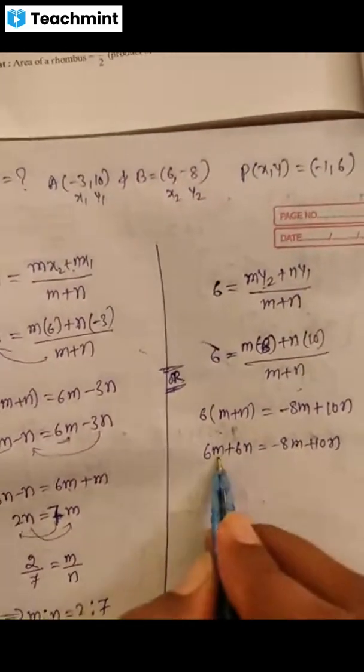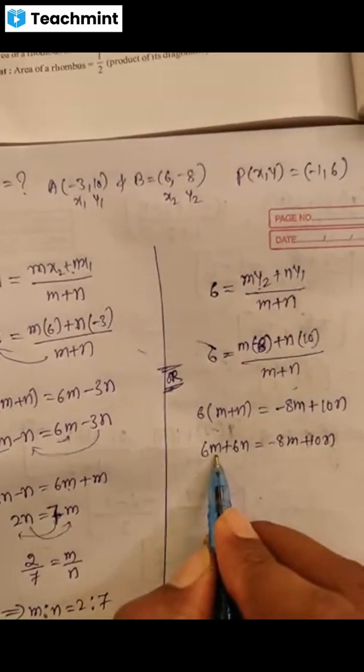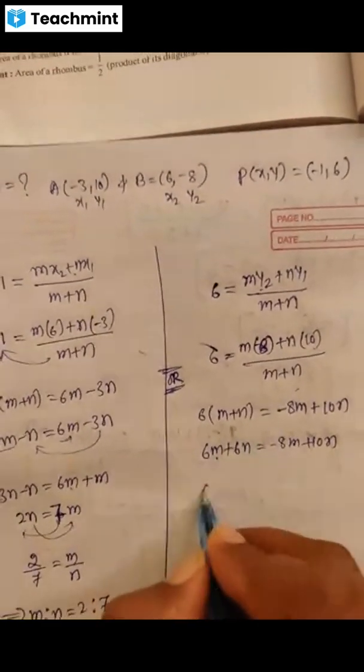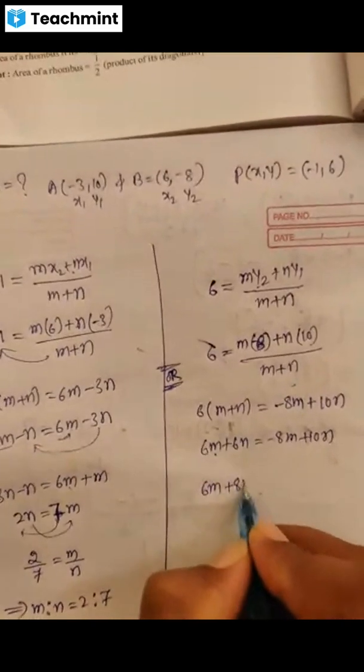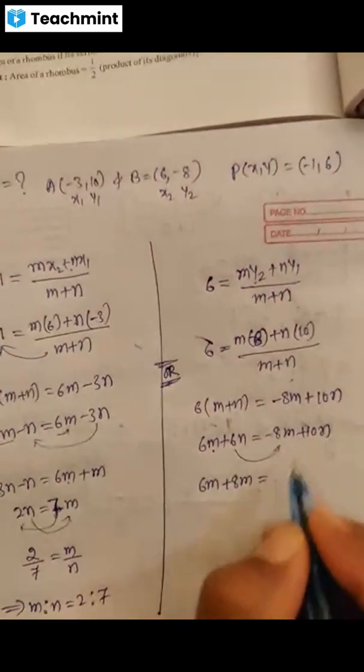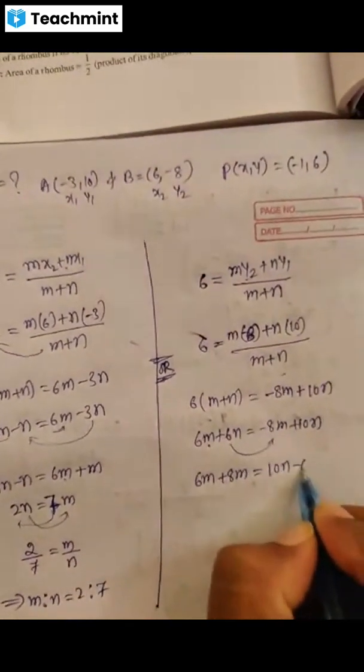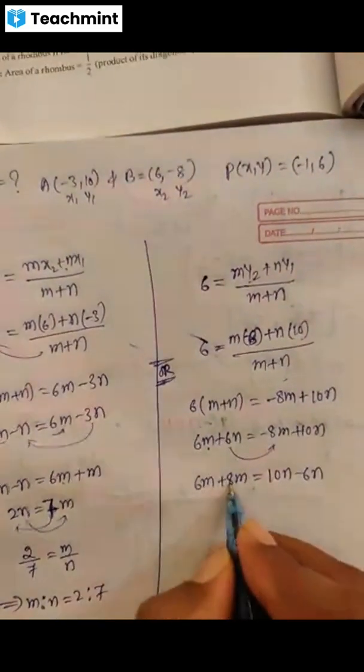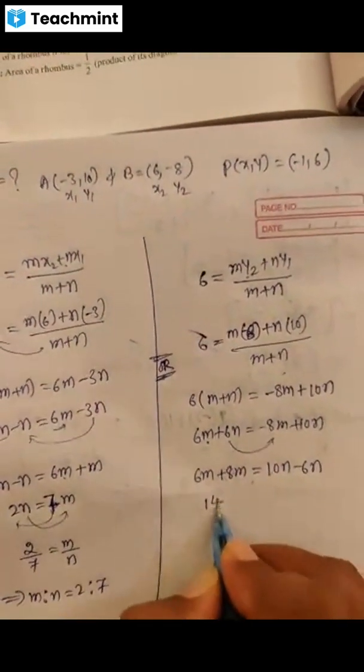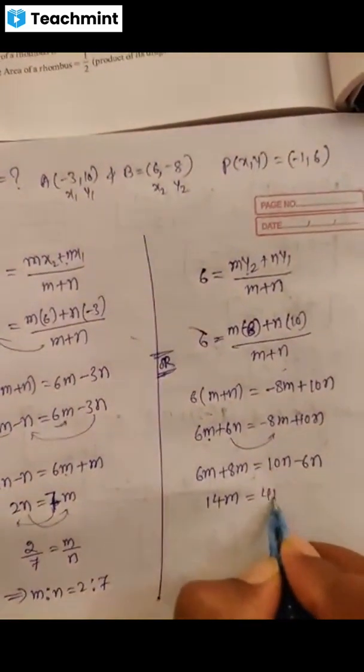Bring this to left side, 6m plus 8m, bring this to right side, 10n minus 6n. So 6 plus 8 is what? 14m is equal to 4n.